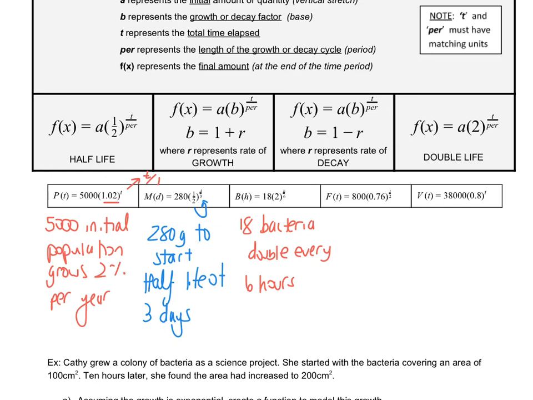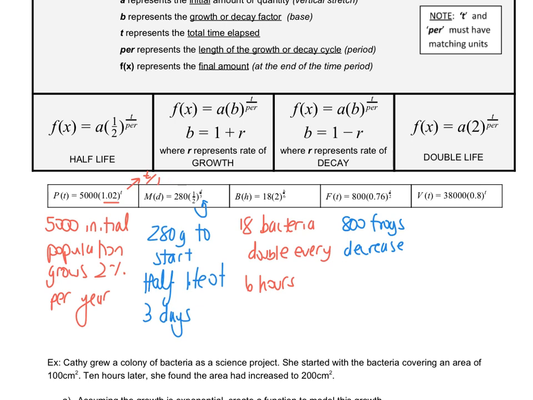Next we have F at T equals 800 times 0.76 to the power of T over 2. So maybe we have a frog population here. So 800 frogs decrease by something every 2 years, let's say.